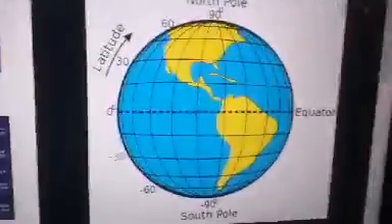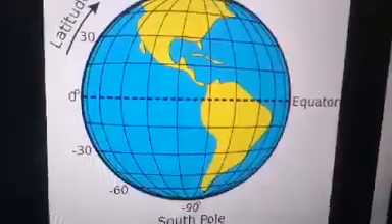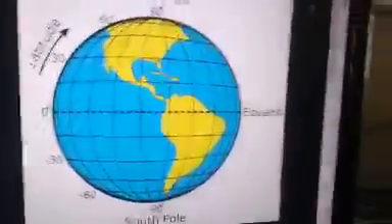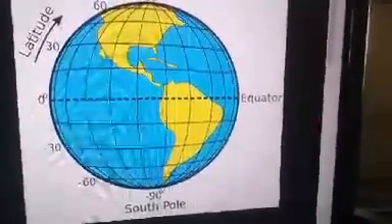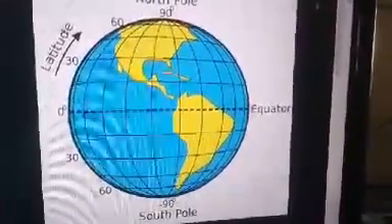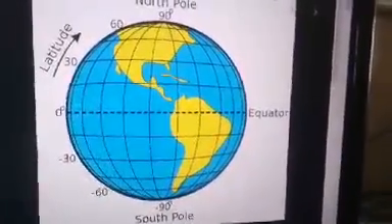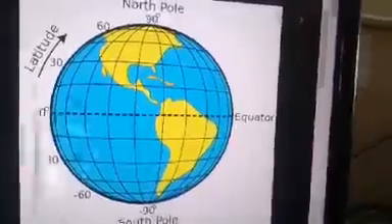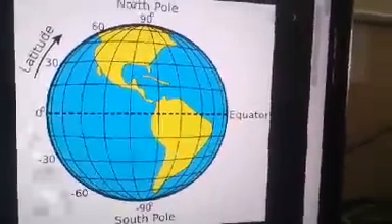How many longitudes are there? Do you know? There are 360 longitudes. How many latitudes are there? 181 latitudes are there.